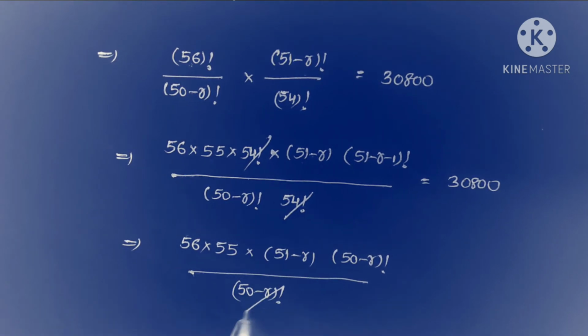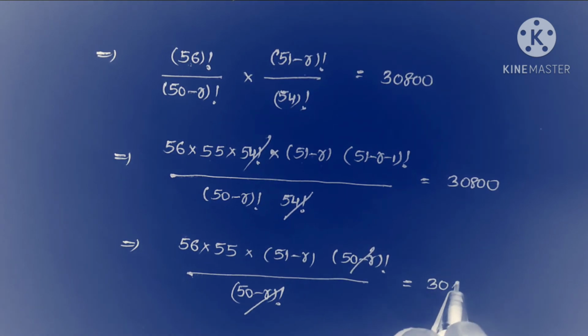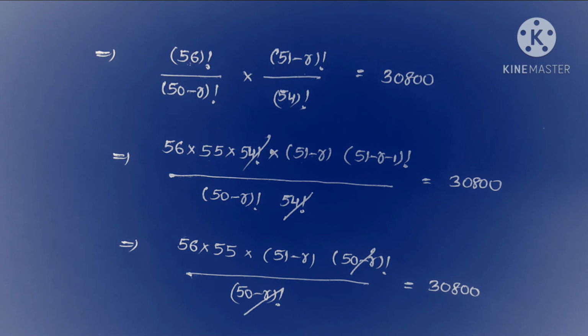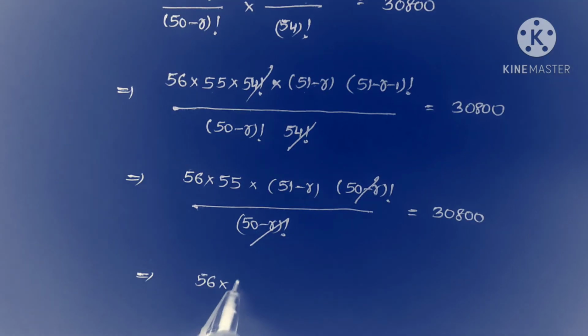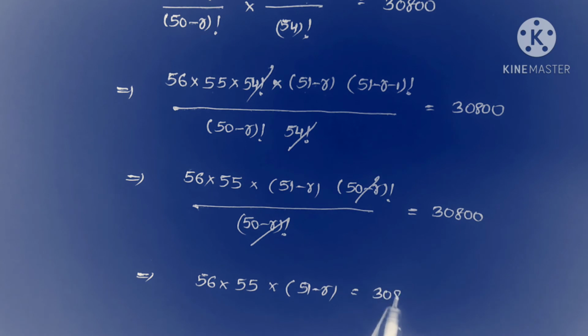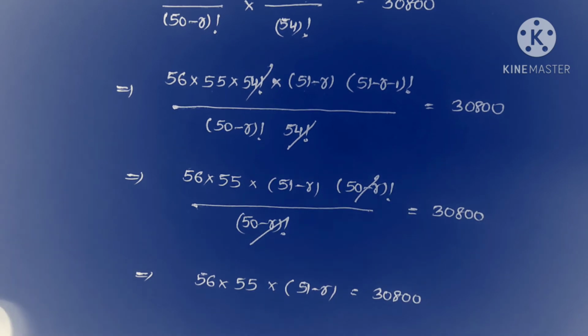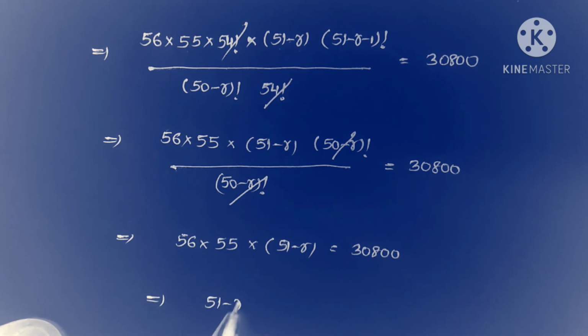Now here 50 minus r factorial, 50 minus r factorial are cancelled. So this is equals to 30,800, which implies 56 into 55 into 51 minus r is equals to 30,800.